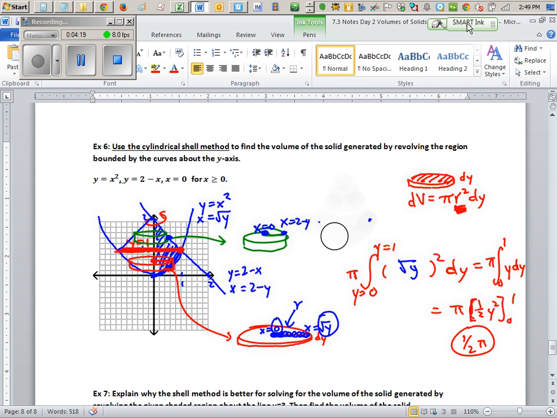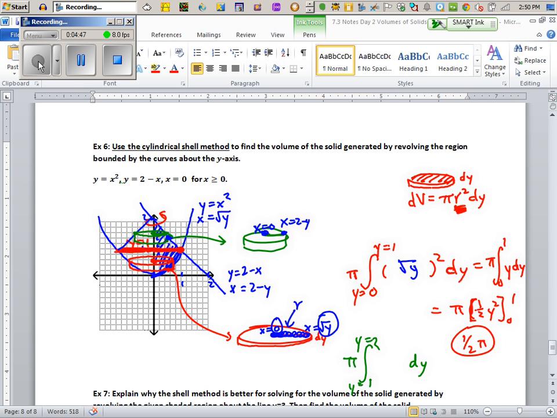And the reason for that is we are measuring between the y-axis and the straight line for this region up at the top where the green disk is. Okay, so that integral I'll write in green, and it's going to be pi r squared dy again, but the radius is different when you're anywhere between y equals 1 and y equals 2. So for this disk at the top, the radius is 2 minus y.